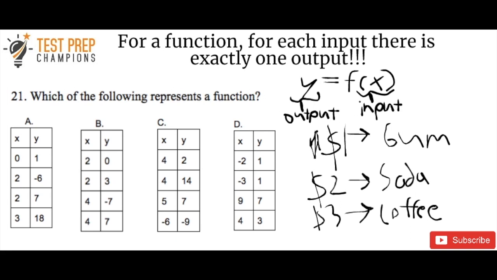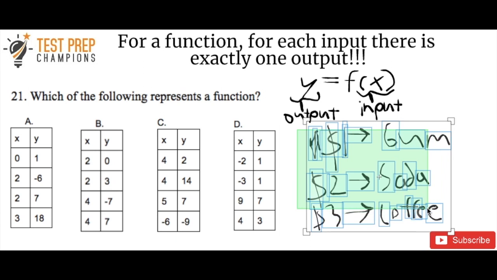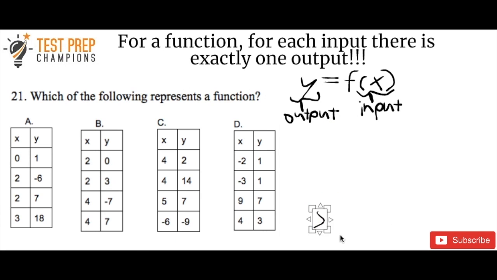The relationship between your inputs and outputs would not be a function if the coffee was $3 and also $3 would get you a hot chocolate. So let me clear some room out here. For a function, for each input that you put in, you can only get one output. All right, so let's go through A, B, C, and D here.